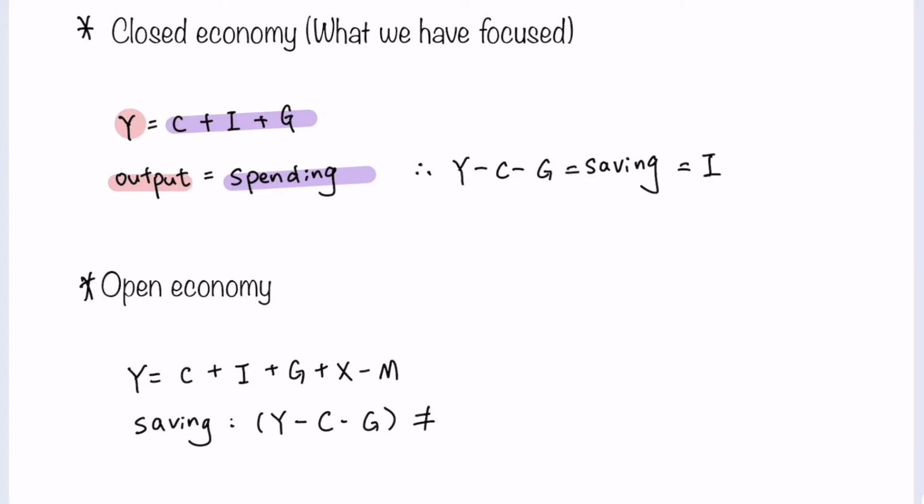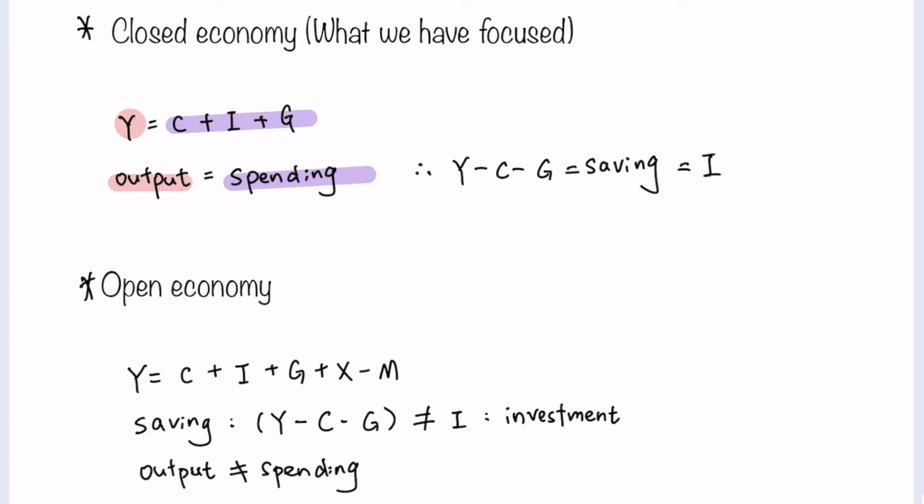But it is no longer equal to the investment of the nation. That is because from the national income account identity, we know Y minus C minus G in fact equals not only investment but also plus the net exports.